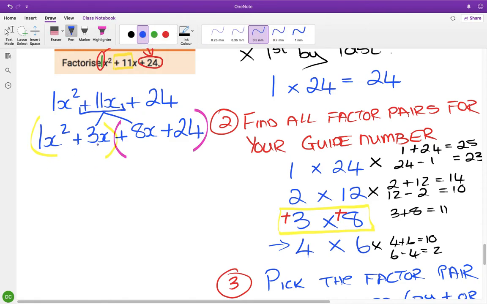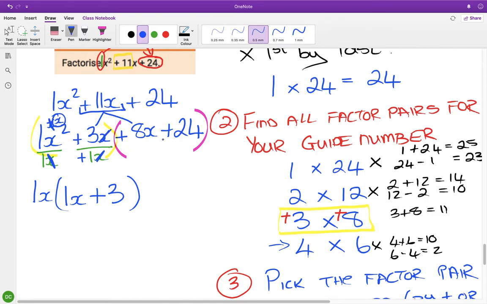Between 1 and 3, the highest common factor is 1. And here I have 2 x's, and here I have 1, so the common factor is x. I open up my bracket, and I divide this by the highest common factor and divide this by the highest common factor. So the 1 divided by the 1 gives me 1. This x will cancel with one of these, leaving 1 behind. This 1x is a positive 1x, so plus divided by plus, the signs are the same, so I'll get plus. 3 divided by 1 is 3, and the x cancels.